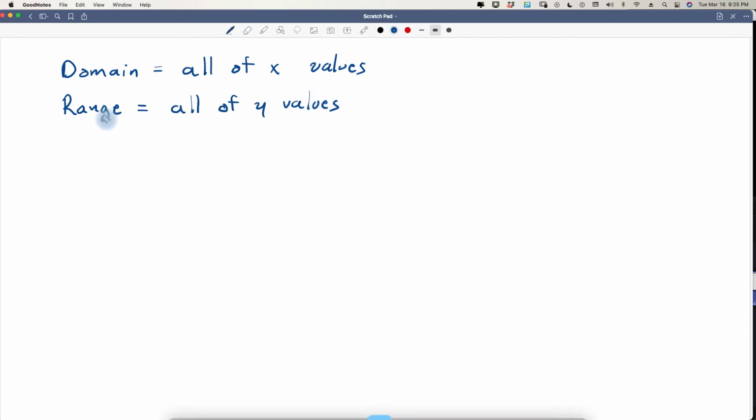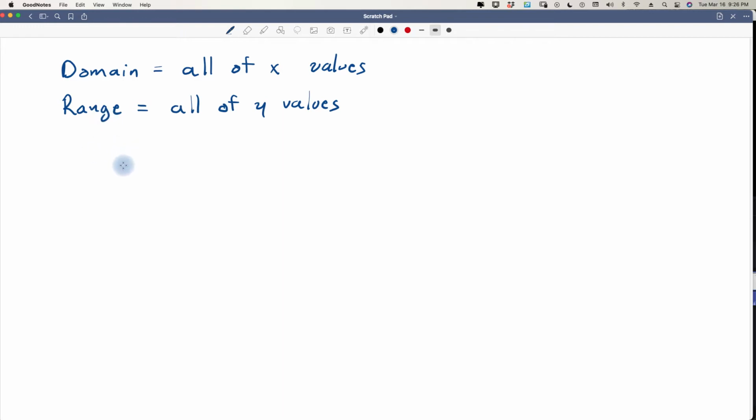But we speak about the range in terms of f. And we speak about the domain in terms of f. We say the domain of f. And f could be G, H, J, K, whatever. F is the name of your function. So if your function is h of x, then it would be domain of h.